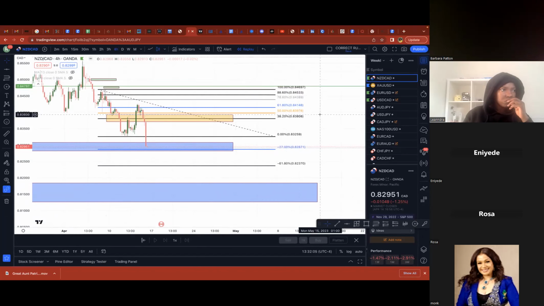So definitely take partials at the zero so you can make sure you get some money in your pocket and let it run to the negative 27. And you got it.